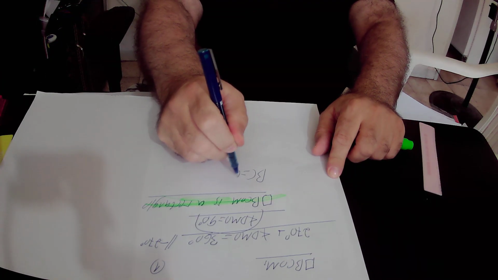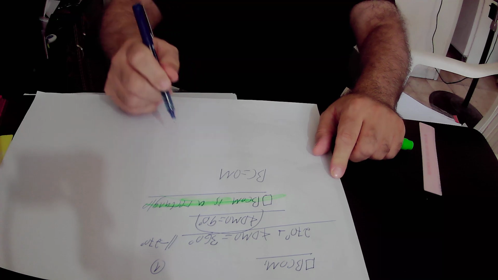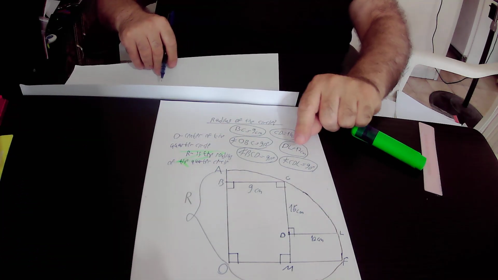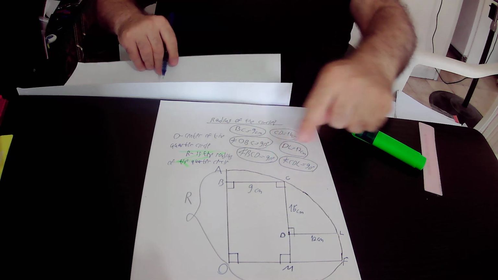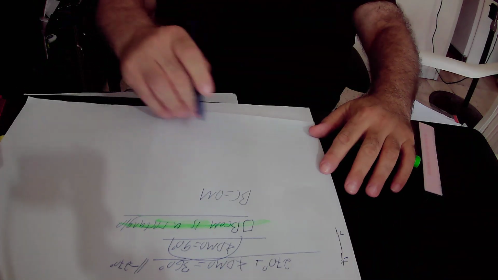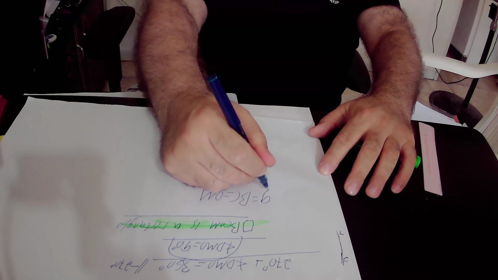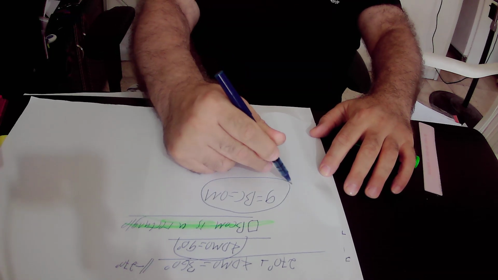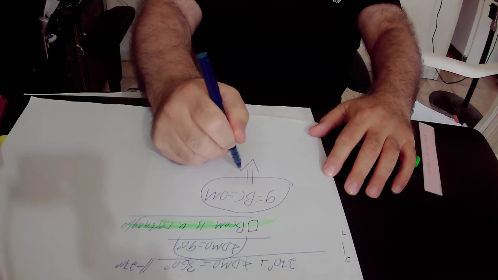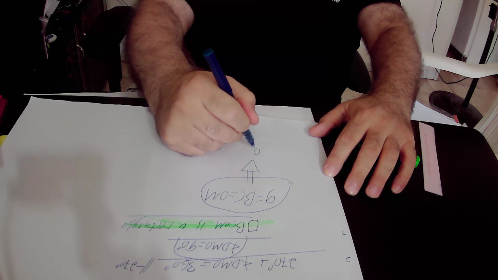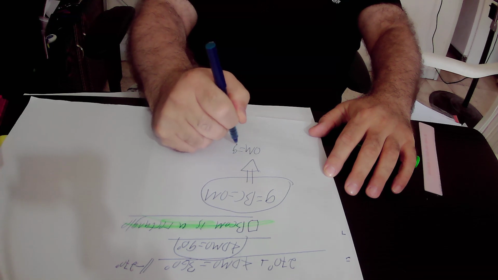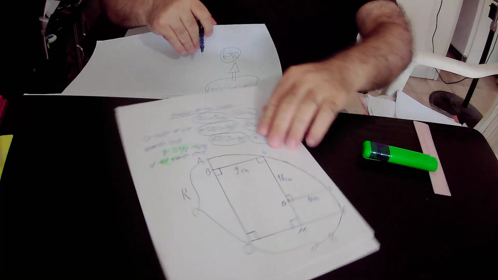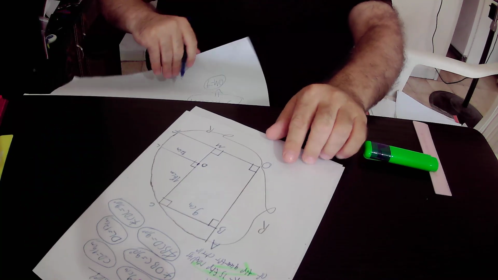But according to what is given in the question, side BC equals 9. So from this equation, 9 equals BC equals OM, we derive that side OM is also equal to 9 centimeters or units.